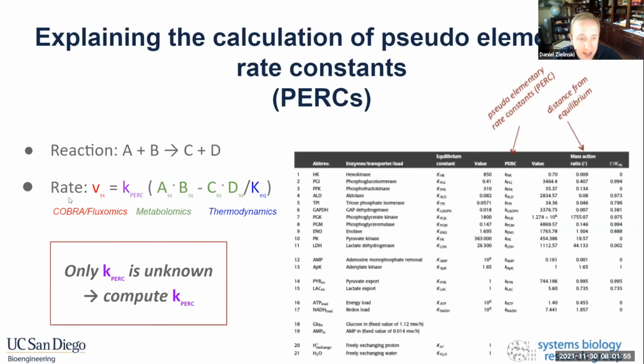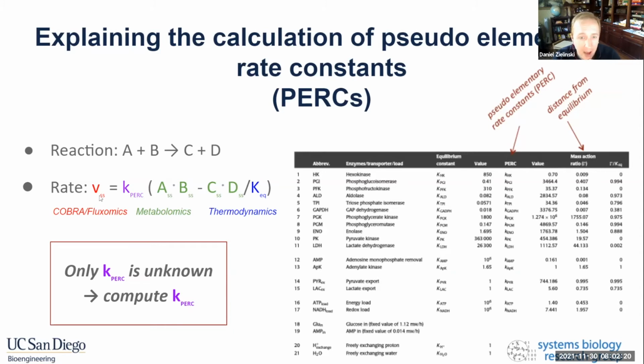If you have these, then you can define what's called a pseudo-elementary rate constant. This is in cases where you do not have explicit kinetics determined for your enzyme. For most of the enzymes in the case studies we'll talk about, we have these Michaelis-Menten-like rate laws derived to determine the kinetic constants.